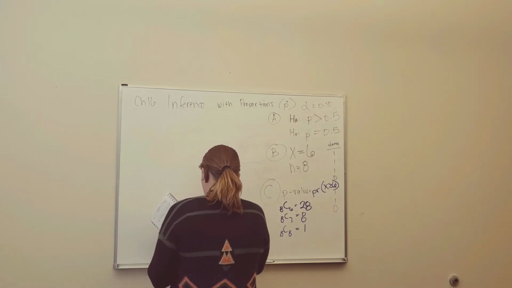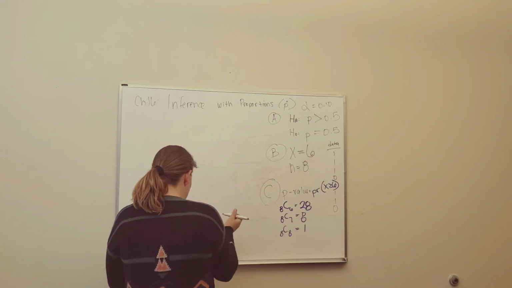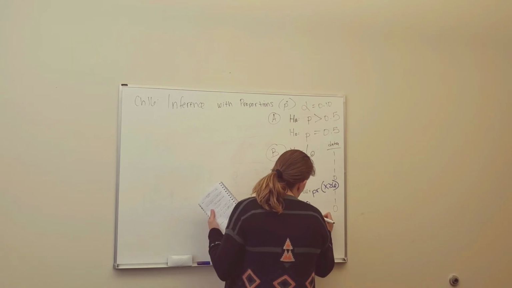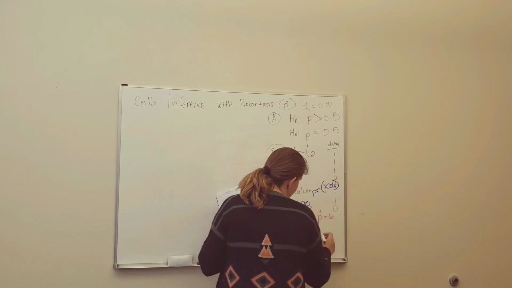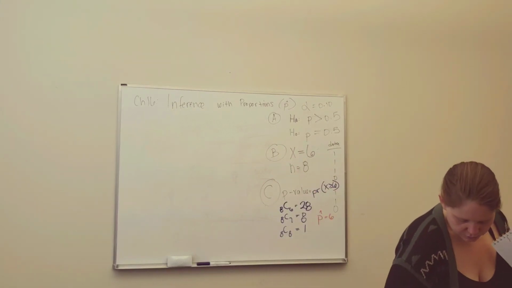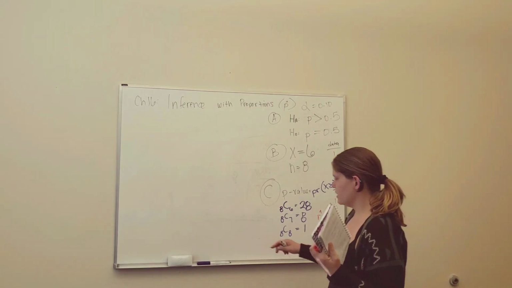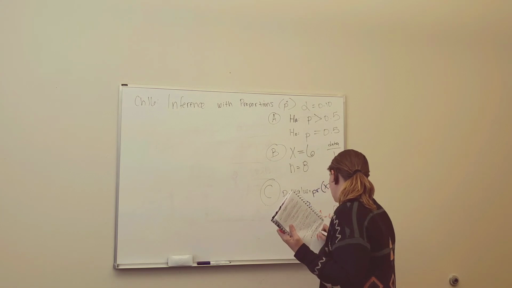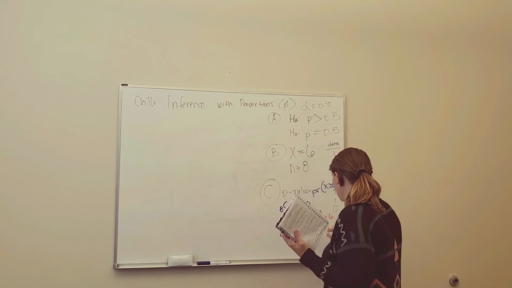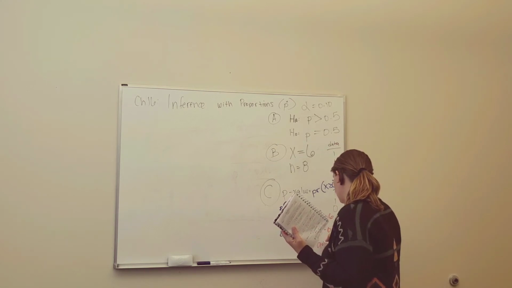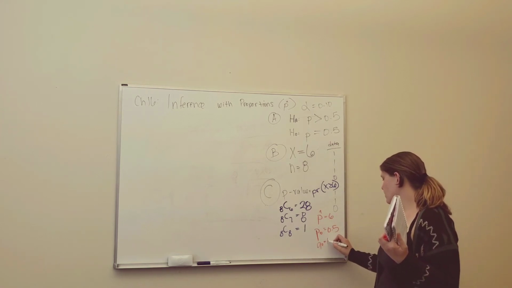So the next thing we need to calculate our p-value is our p observed, which we already know, and then we need our hypothesized p, which is 0.5, and we need the inverse, which is 1 minus 0.5, which would be 0.5.